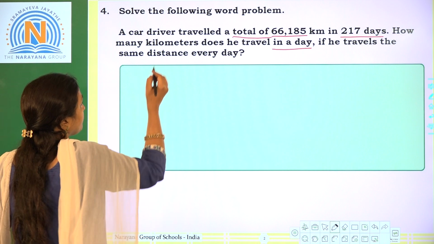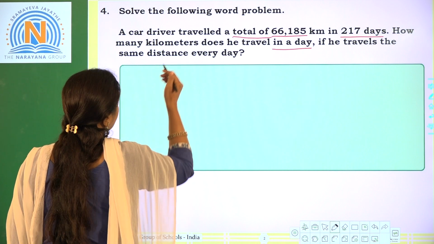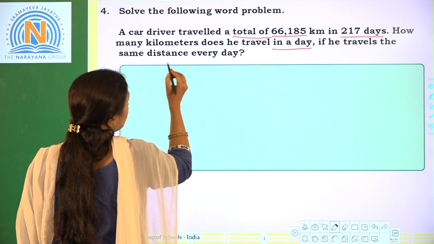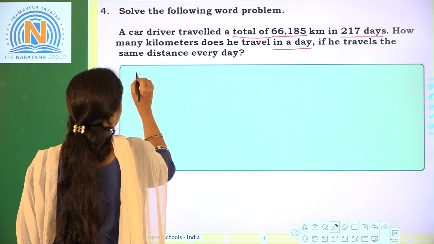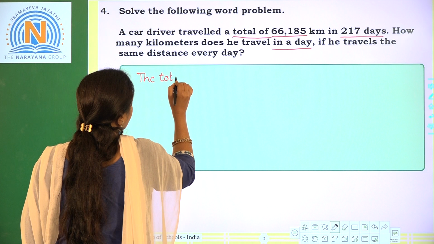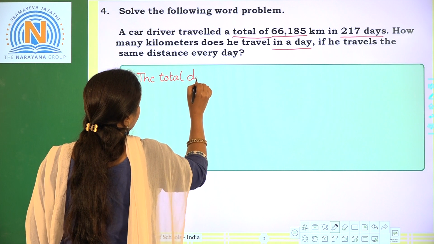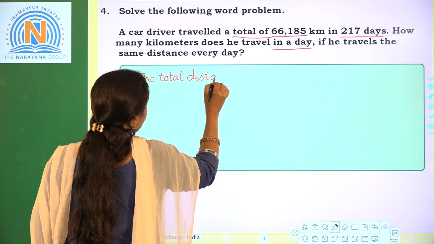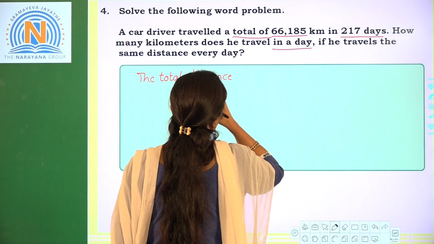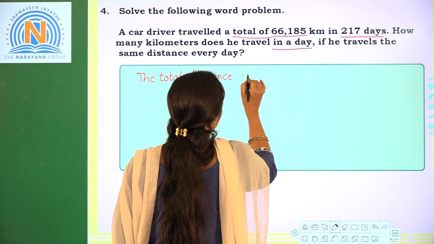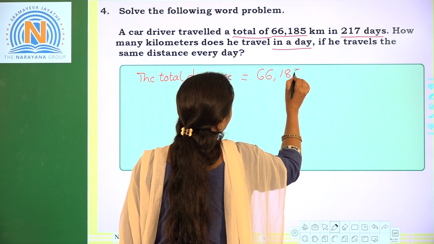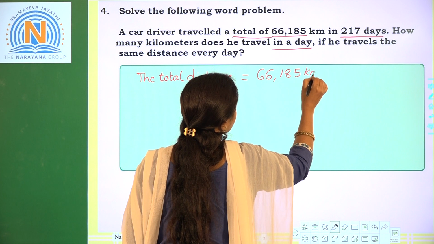Okay, so first, what is the step? A car driver travels a total distance of 66,185 kilometers.